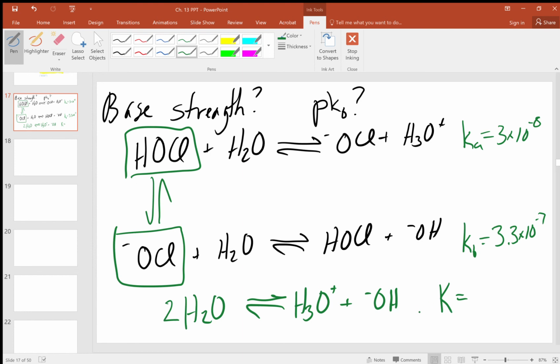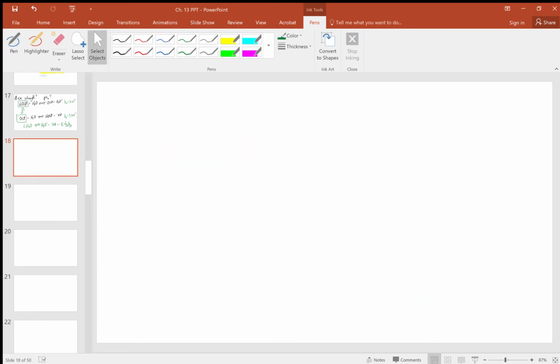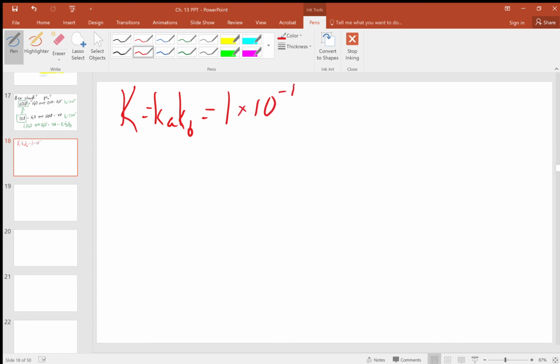So the new K for this reaction is going to be Ka times Kb. So the equation we got here is K equals Ka Kb. And it turns out you can prove this mathematically. We don't need to. But this is always equal to 1 times 10 to the minus 14th.